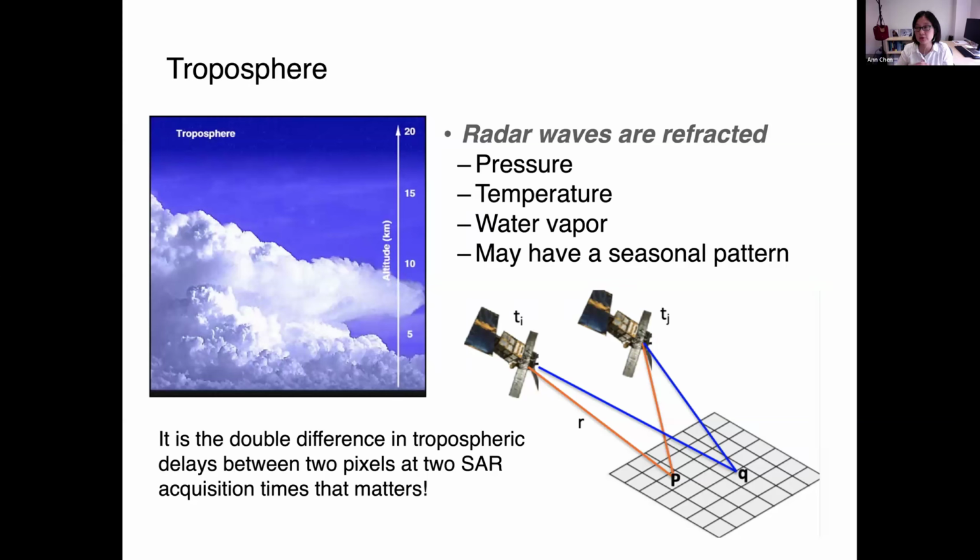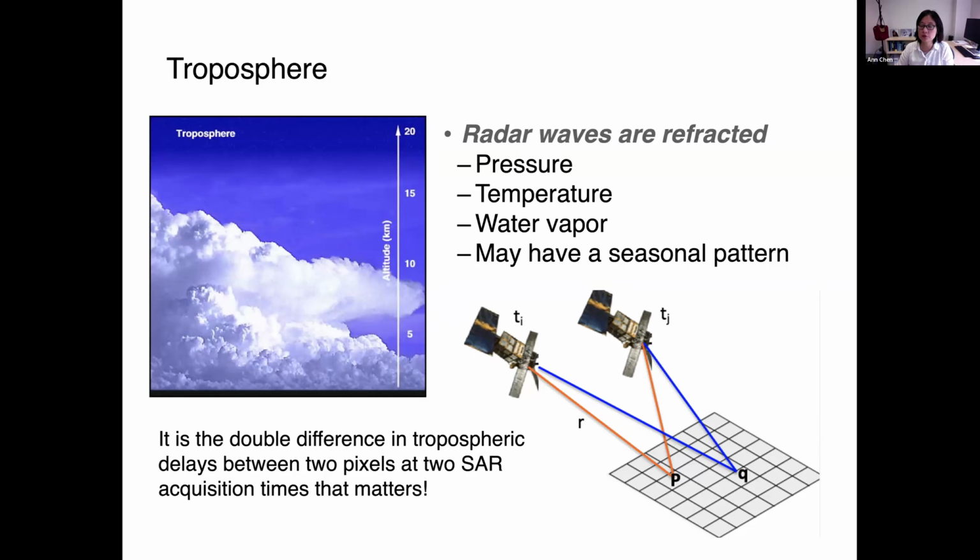If you have a flat, very dry, arid region, it's usually going to be a smaller magnitude. So the expected tropospheric noise depends on the region, but it is present in all wavelengths. Just switching from L-band to X-band won't help. And for a particular site, it typically has certain characteristics following the climate pattern.